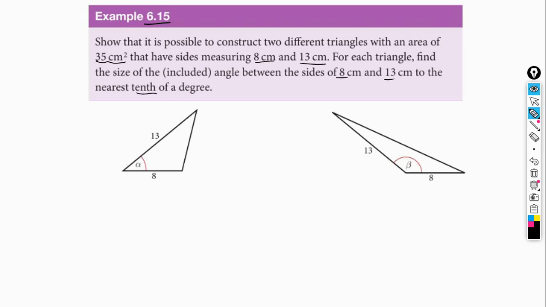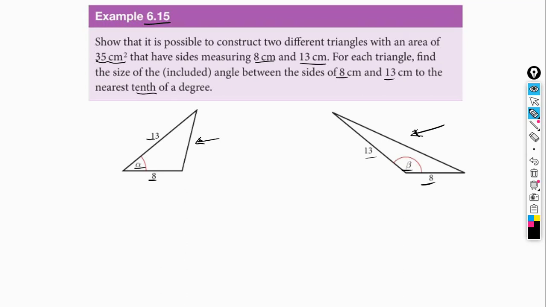So notice that we have two triangles. One is acute, this one to the left is acute, and this one to the right is obtuse. And they both have sides measuring 13 and 8 centimeters, and they have an included angle of alpha for this first case and beta for the second case.